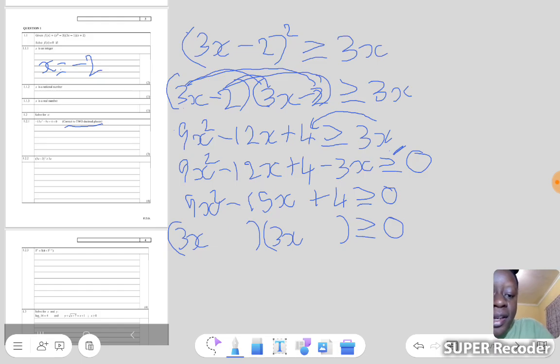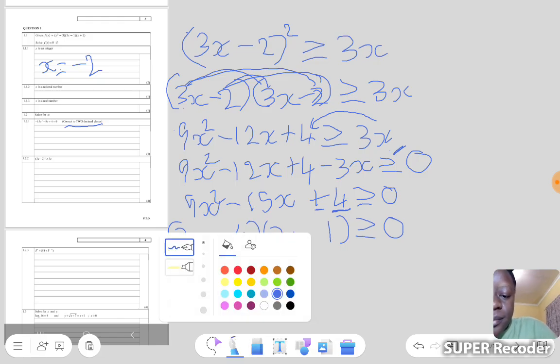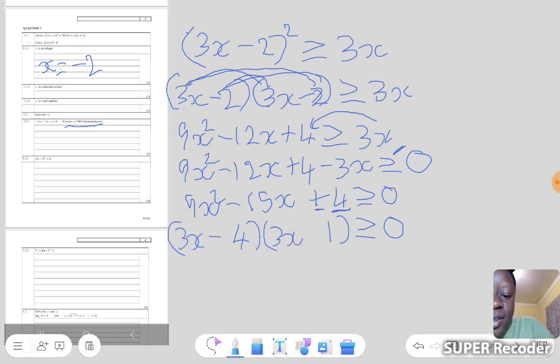Then we have to find factors of 4, which is 4 and 1. Because here is positive, both of them have to be positive. And here, they have to be negative because here is positive.